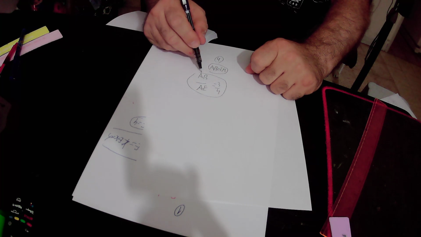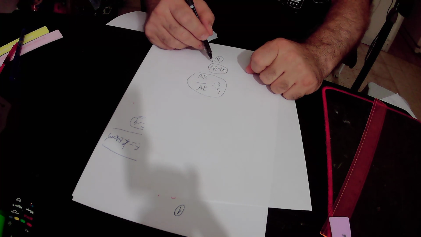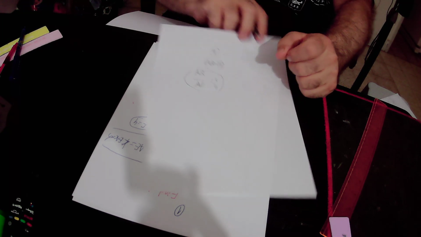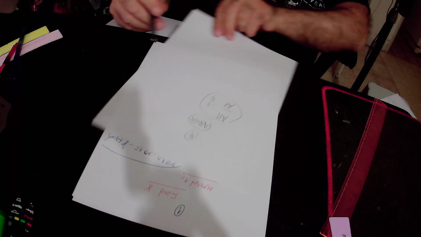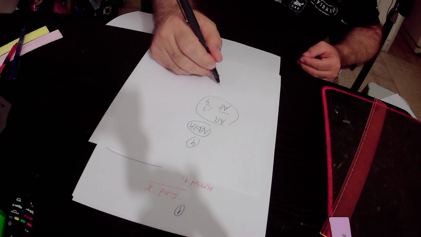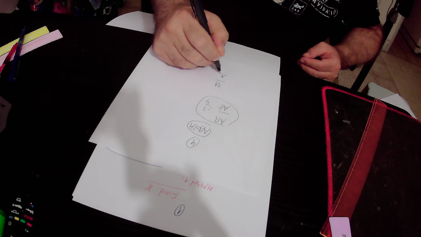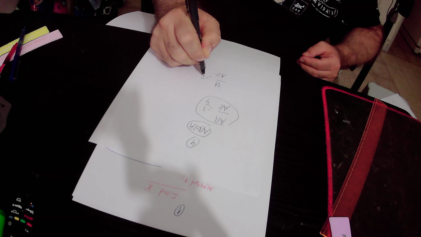So we will substitute AB by 3K and find the value of AE. AB is 3K over AE equals 3 over 4.